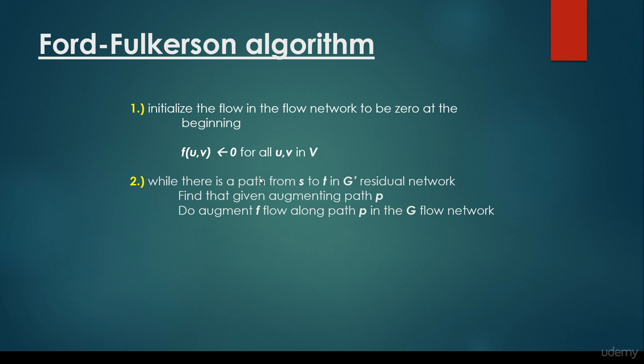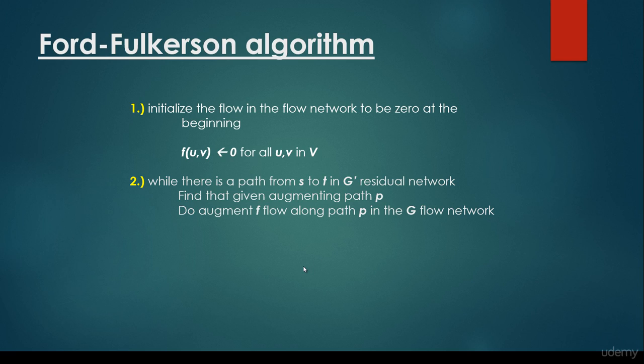And while there is a path from S to T in the G prime residual network, we have to find that given augmenting path P, and we have to augment the flow f along the path P in the G flow network. This is what I have been talking about: first we have to look for the augmenting path in the residual network.